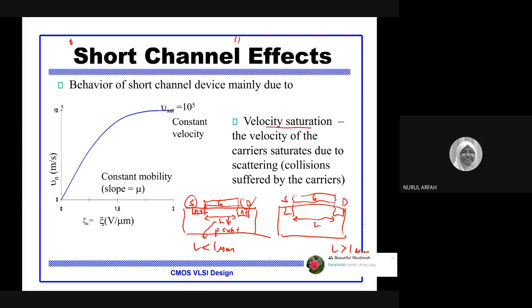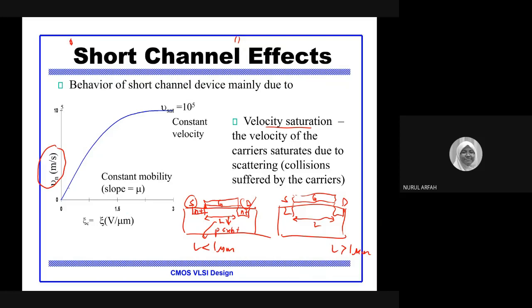One of those is the velocity saturation. Velocity saturation is when the velocity of the carriers saturates due to collisions suffered by the carriers. If you look at the left side, this is the graph of velocity versus the electric field of the carrier.